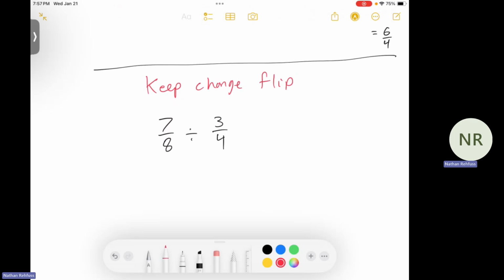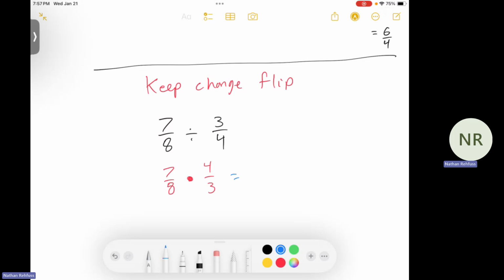The fastest way to get our answer is to keep the 7/8, change the divide into a multiply, and flip the 3/4 into 4/3. Dividing by 1/4 is the same as multiplying by 4. Dividing by 3 is the same as multiplying by 1/3.